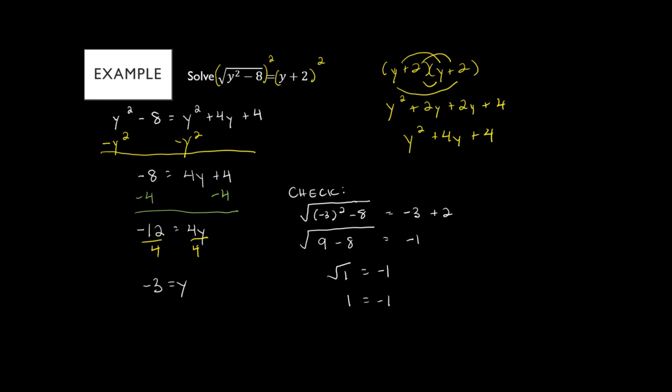And the only solution here didn't work. So we got an extraneous solution. And so we actually have no solution here because this negative 3 doesn't work. So there is no solution.